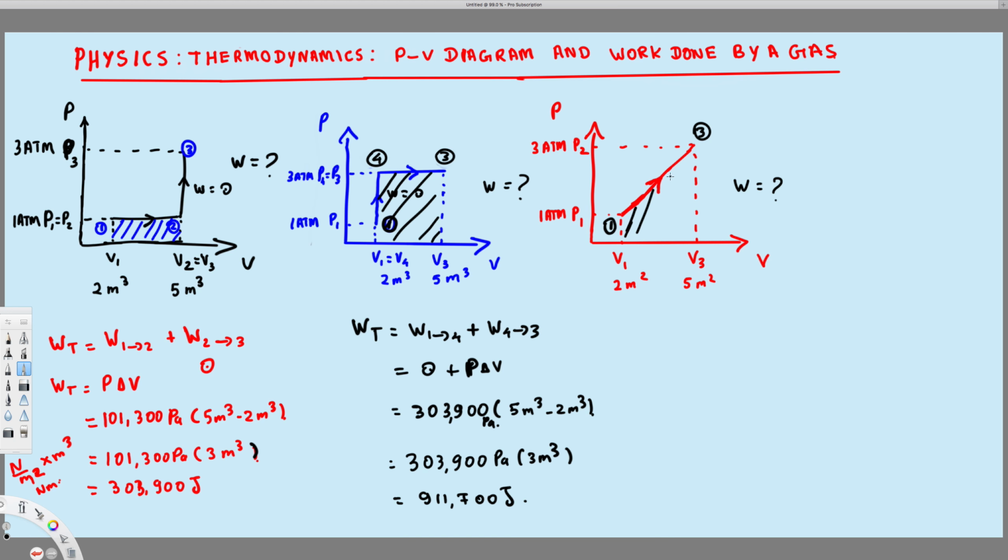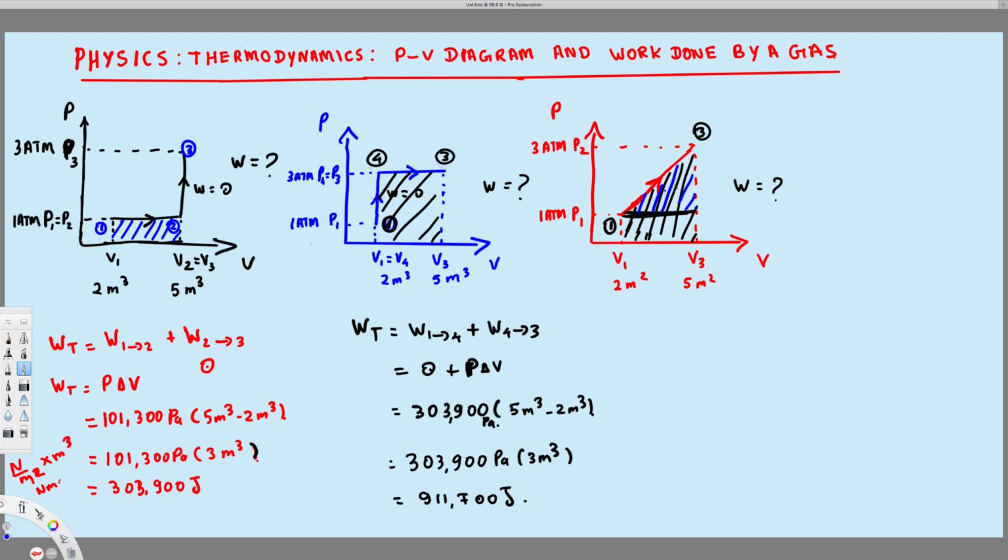So here we are going to find the work underneath this arrow. So this is going to be this area. But this area we can divide into two parts, like a triangle and a rectangle, right? So let's shade this one with a different color.